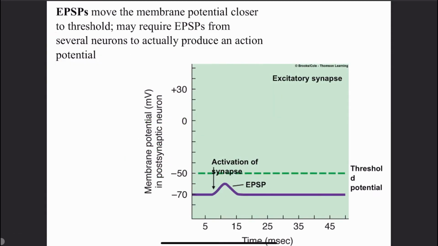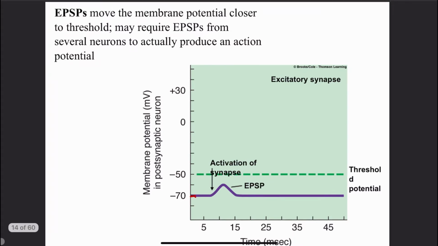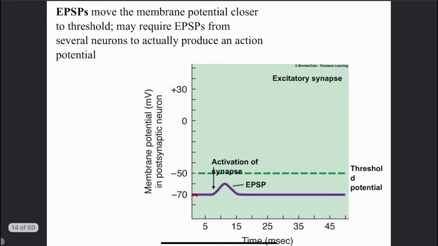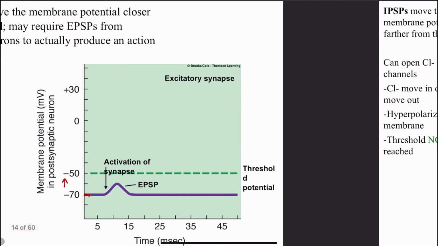EPSP stands for excitatory postsynaptic potential, and it is called excitatory because it's going to move the membrane potential of the postsynaptic neuron closer to positive. So it's going to depolarize it, moving it closer to threshold. That means it's going to make it easier for an action potential to occur.